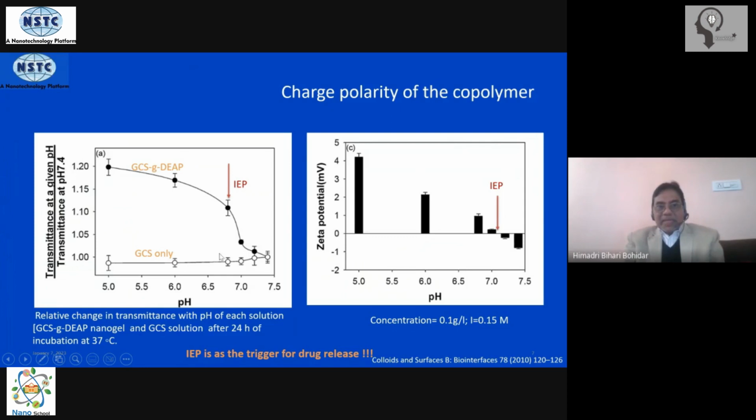And at the same IEP that we identified from the surface charge measurement, there is a drastic change in the transmittance. Transmittance falls because the solution has now become cloudy. Earlier, the transmittance was higher and it was optically clear. It is not optically clear after this. So something is happening to the polymer there, which basically means that aggregate formation is taking place, or micellar formation is beginning from that point.